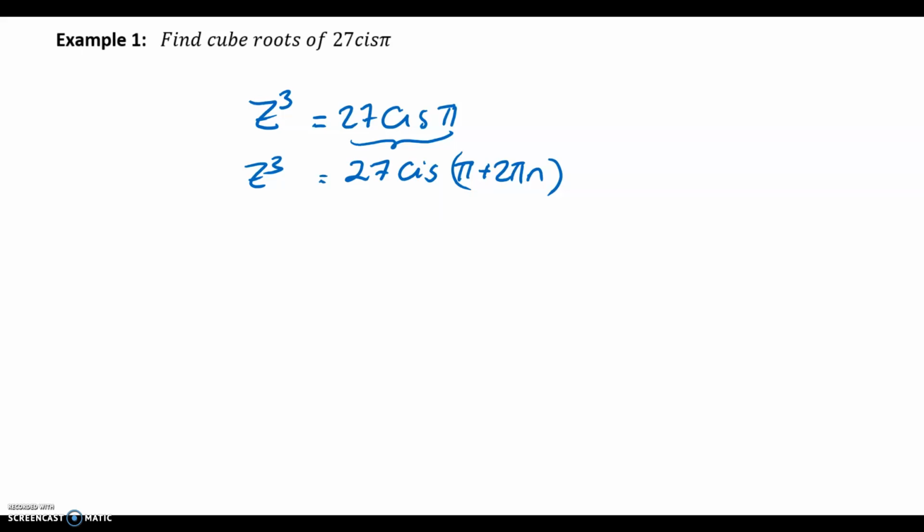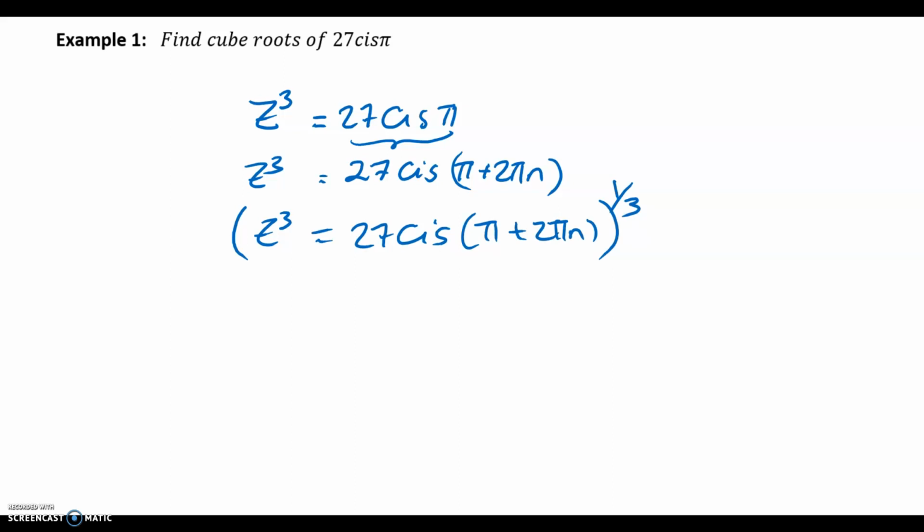So we are going to take the cube root of both sides. At this stage, I'm going to take the cube root of the left-hand side. That gives me z. And here, we'll just rewrite it like this.